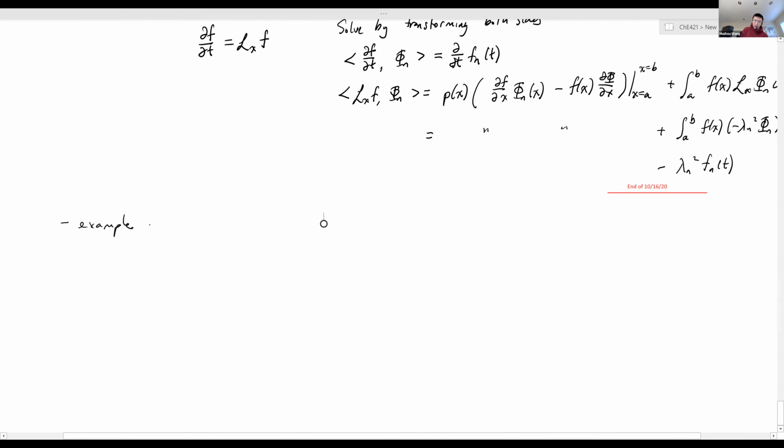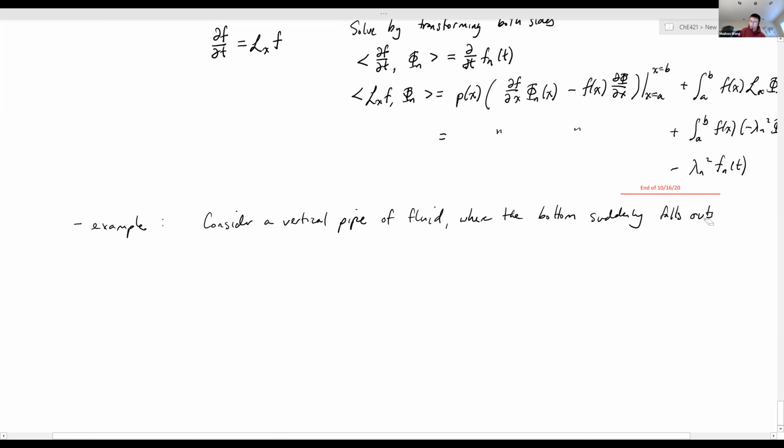Okay, so let's see, we'll consider a vertical pipe of fluid, where the bottom suddenly falls out.